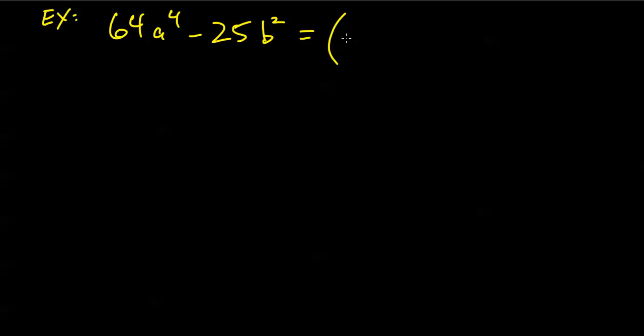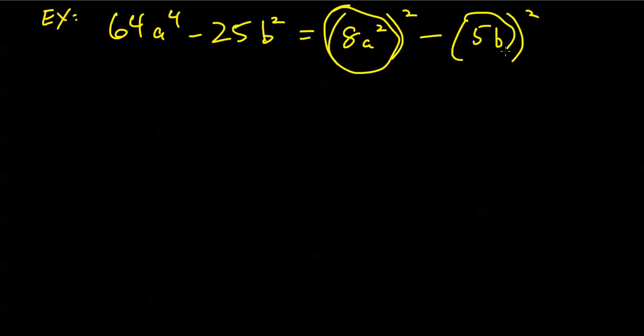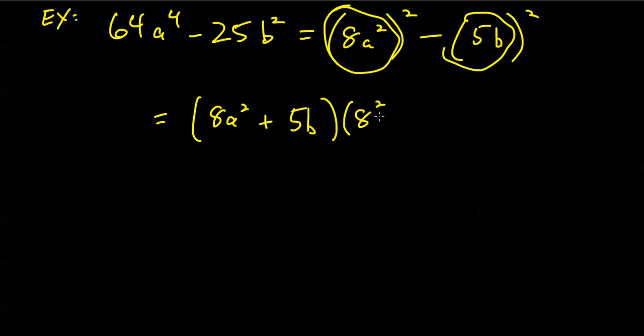I can rewrite the first term in that binomial as 8a squared, squared, and the second term as 5b, squared. So we can easily see now this is really the difference of two squares, and really then the sum of the two bases times the difference between the two bases: 8a squared plus 5b times 8a squared minus 5b.